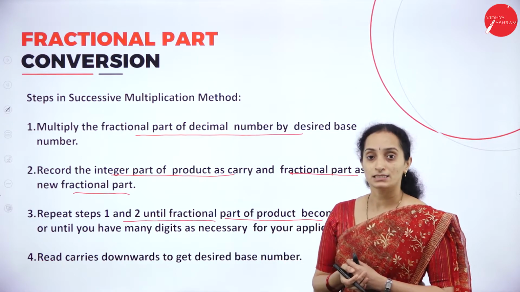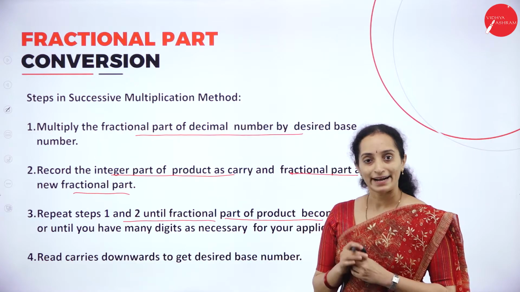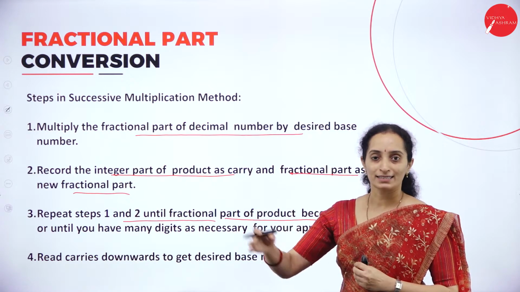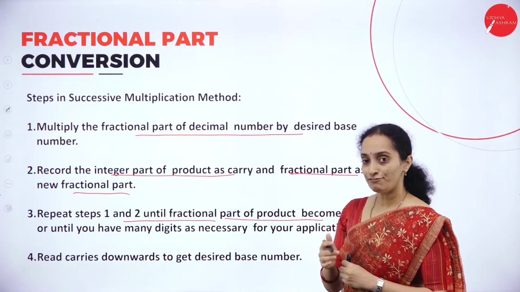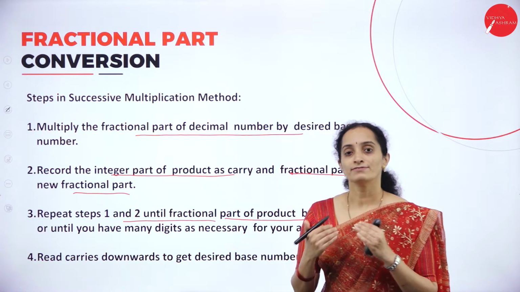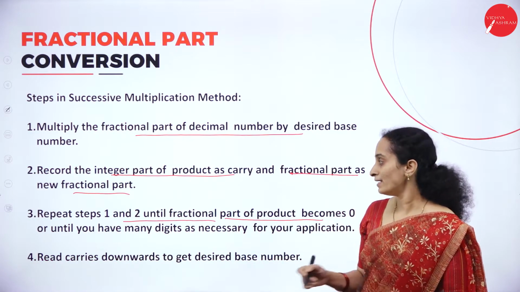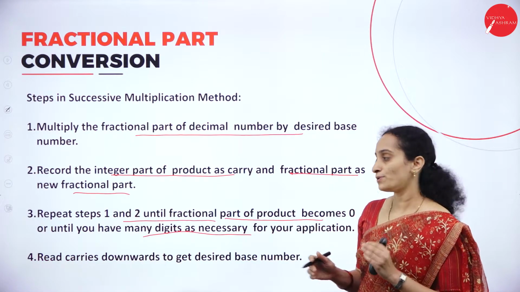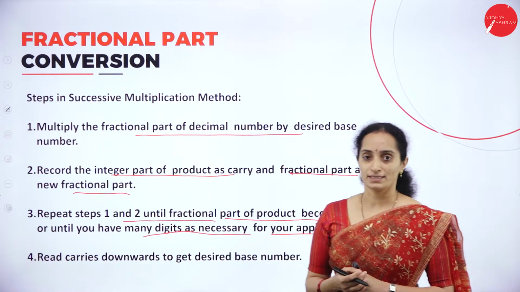So, if the fractional part is not 0, what do I have to do? There is no end for the multiplication. Do we need to multiply until the time ends? Nothing like that. If the fractional part will not attain 0, however much you multiply, you can stop the multiplication when you have as many digits as necessary for your application.